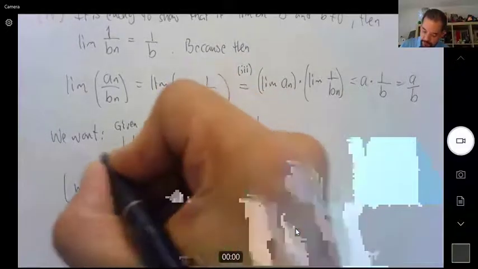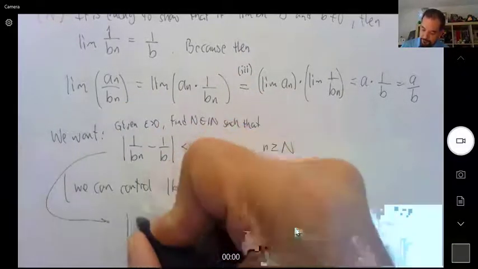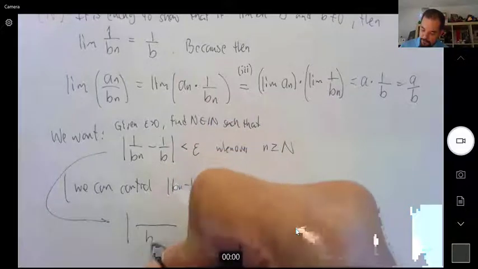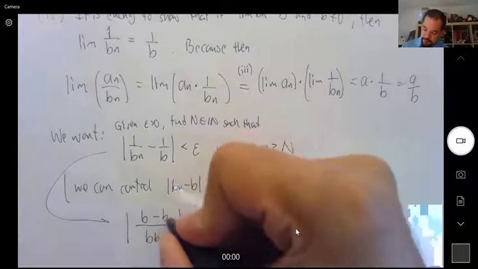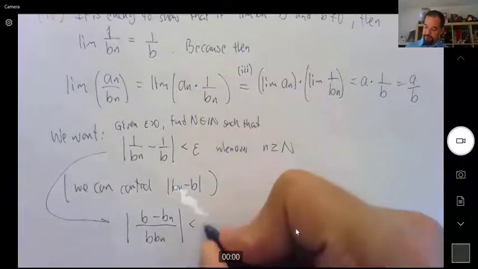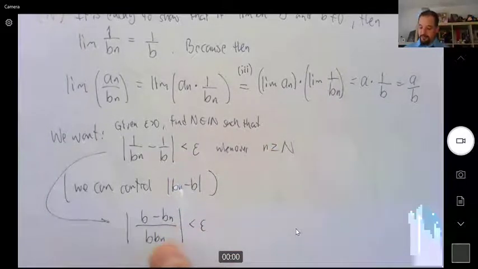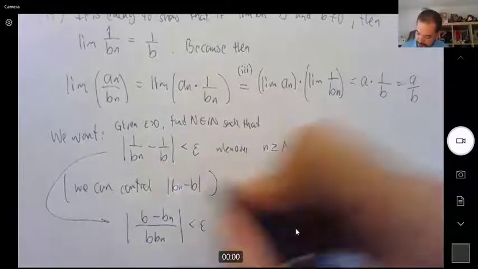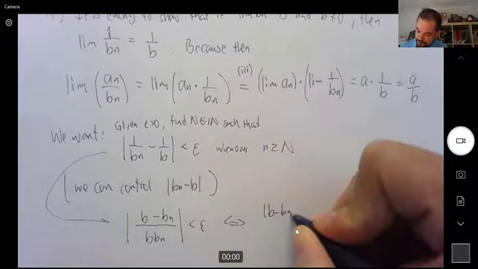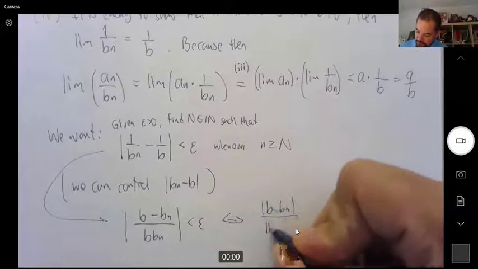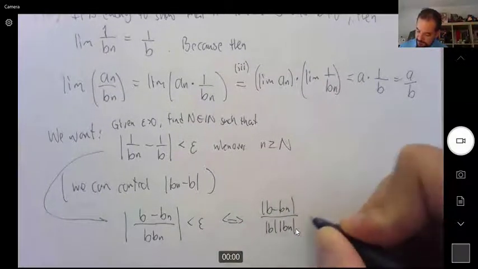So this one over here becomes, what does it become? b bn as the common denominator, and then in the top is b minus bn, right? And this makes me happy because I can see one of the parts that we want. The b minus bn part is there, right? So this is the same as b minus bn divided by b bn.